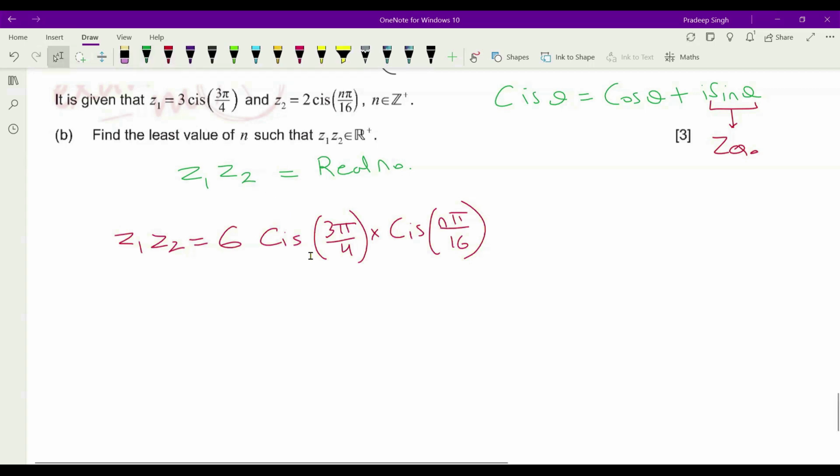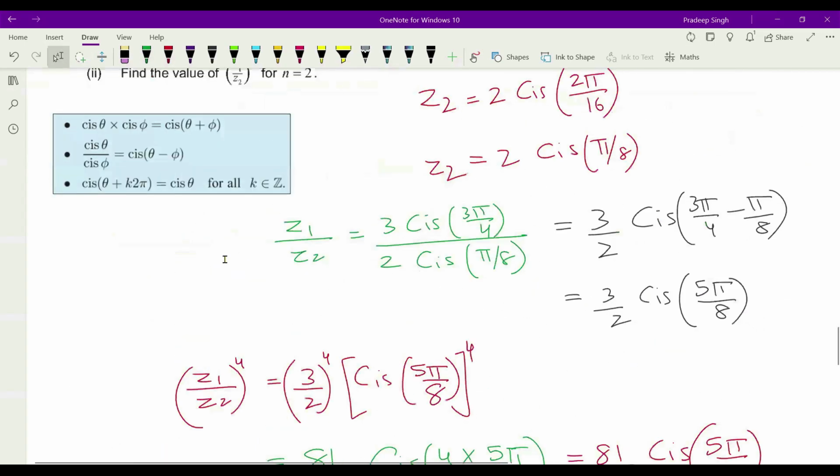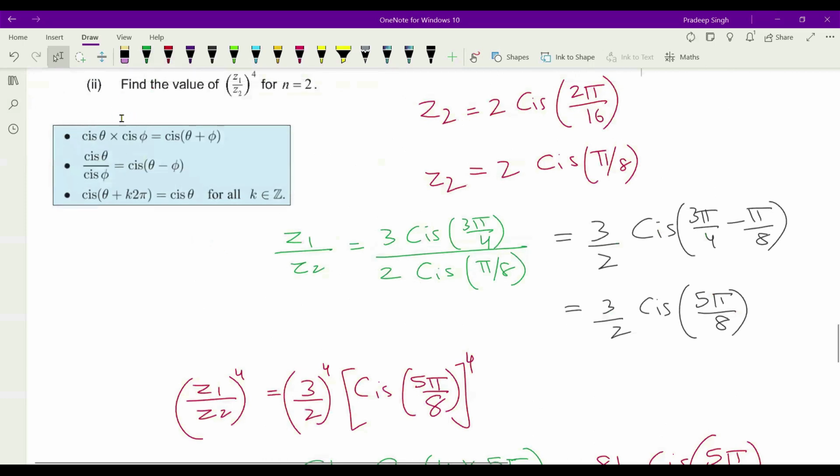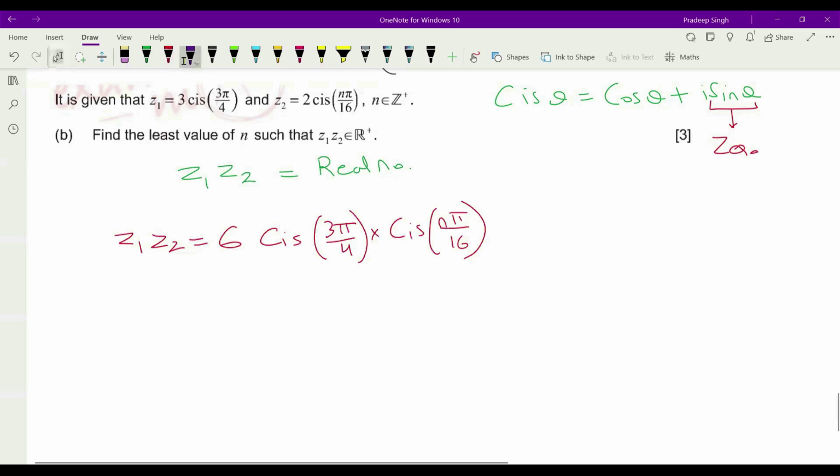Now we know the property of cis: when the two cis functions are multiplied, the arguments add up, right? So we use that. It becomes 6 times cis of 3 pi by 4 plus n pi by 16.